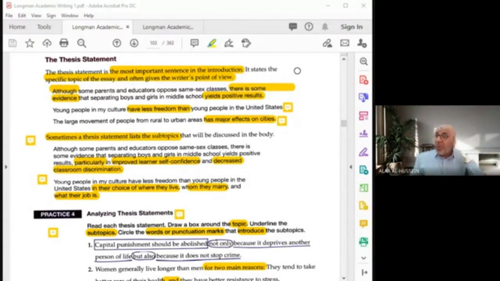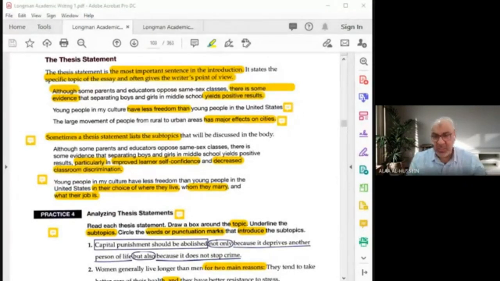What choices do we have to write a thesis statement? Today, inshallah, we are going to look at two choices: the easier one, and the more complicated or more detailed thesis statement.